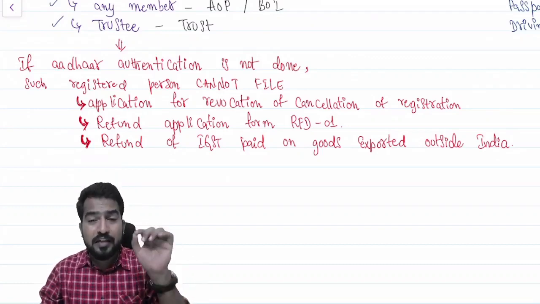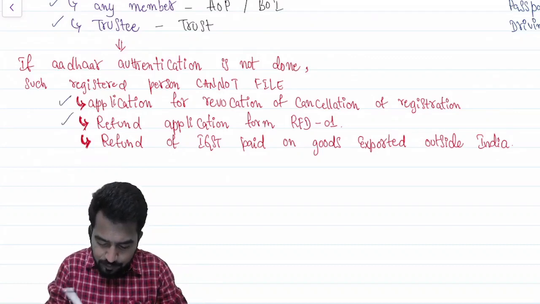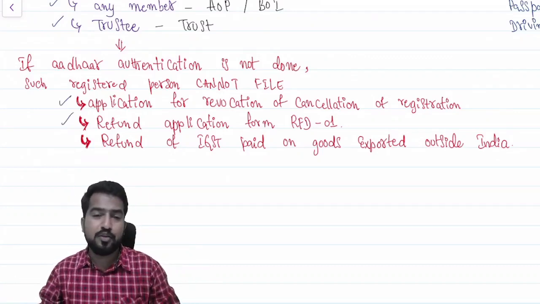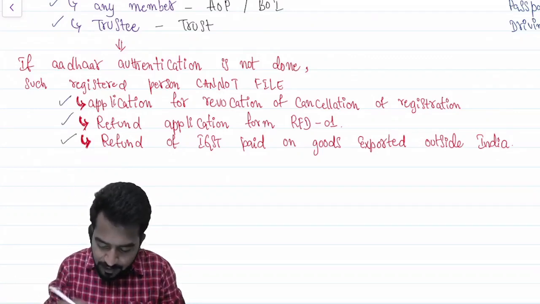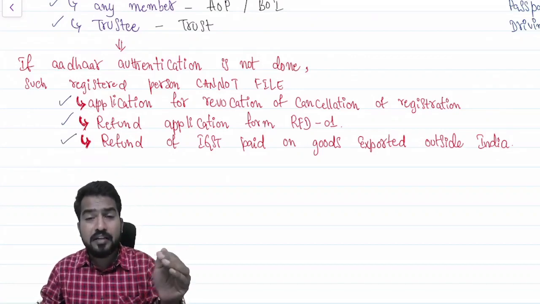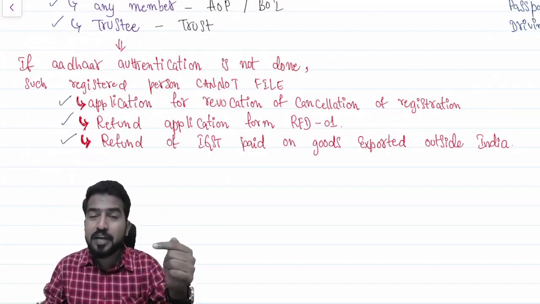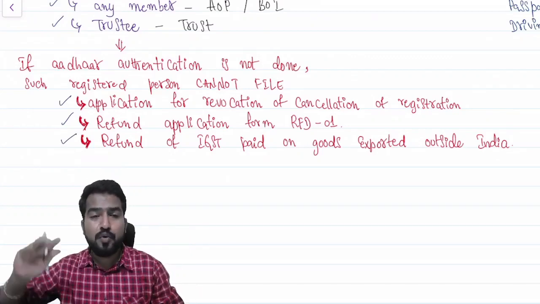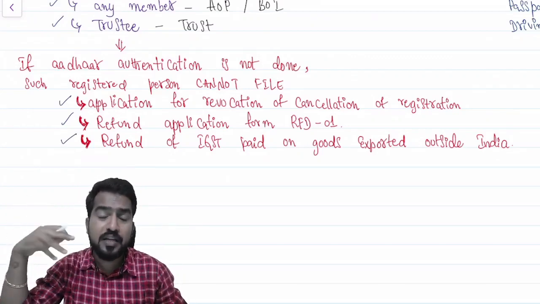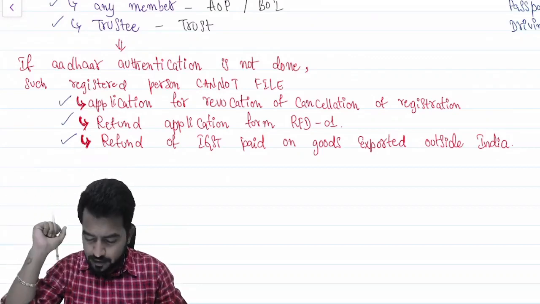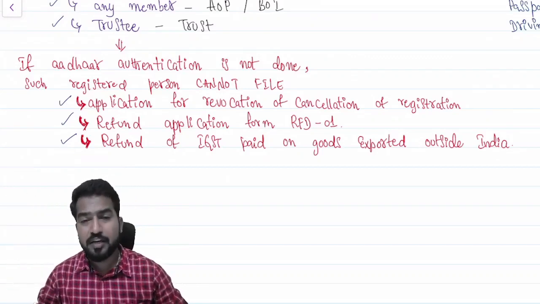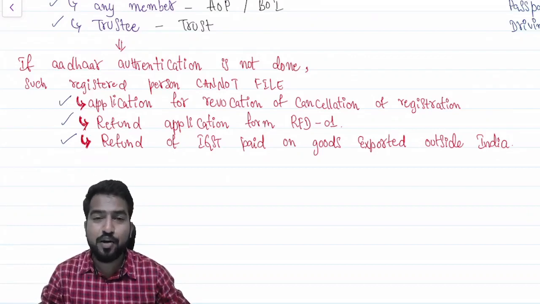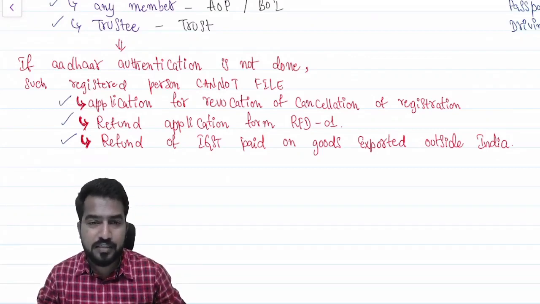They cannot file any refund application in form RFD01. They cannot file any refund application regarding the IGST paid by them on the goods exported outside India. Whatever IGST they paid on goods exported outside India, they cannot claim as refund. So these applications they cannot file if their Aadhaar authentication is not done.